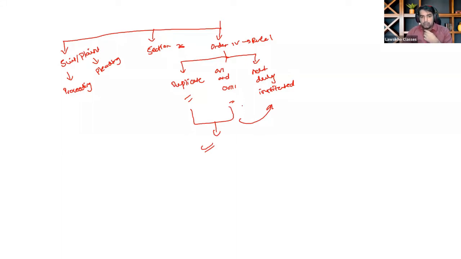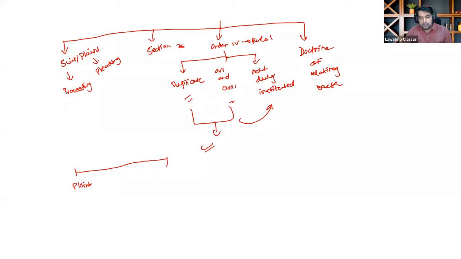And then we went on to understand the concept of doctrine of relating back. एक concept हमने समझा जिसको बोलते हैं doctrine of relating back. ठीक है. So I told you what happens basically, here a plaint is filed.